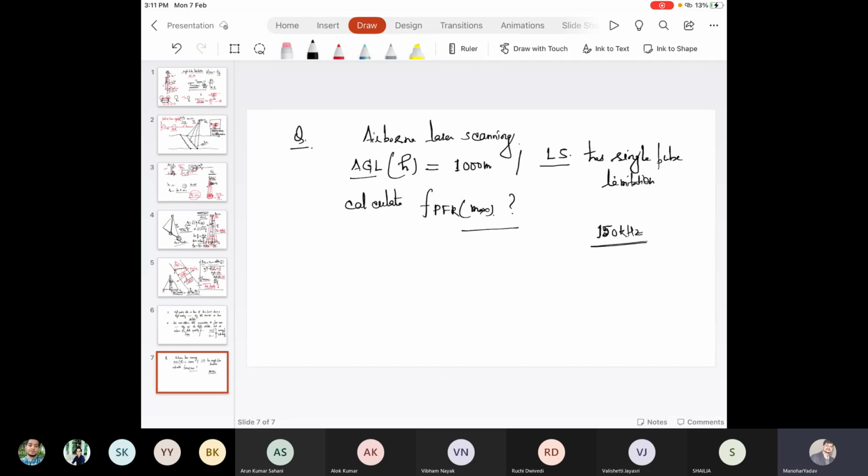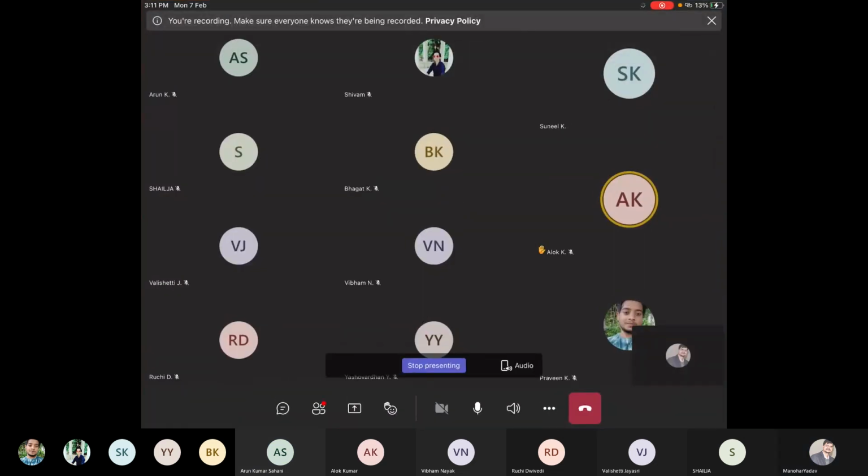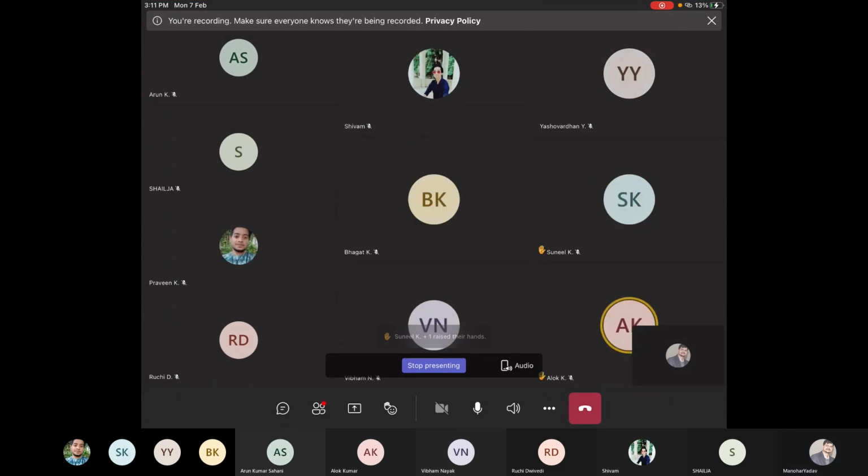I would like to get response from other students as well. So 1,50,000. Okay. Yeah, Alok. You told that 1,50,000. Yes, sir. Good, Arun sir good also. Okay, good. Sunil. 150 kilohertz. 150 kilohertz. Good.